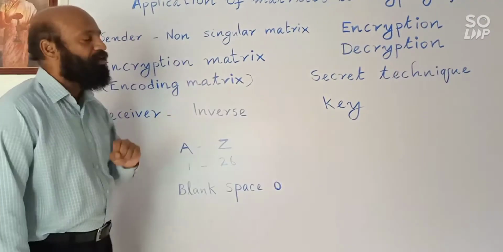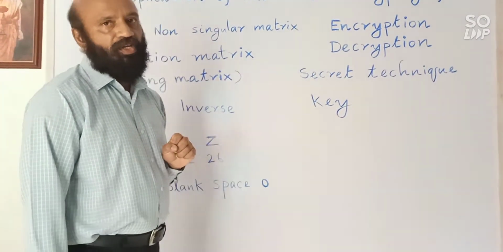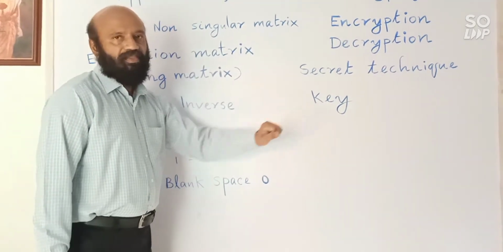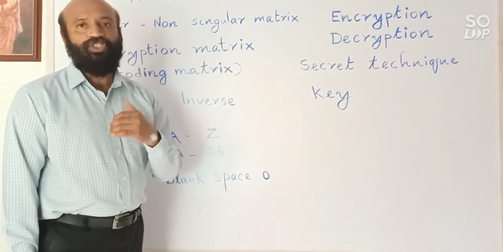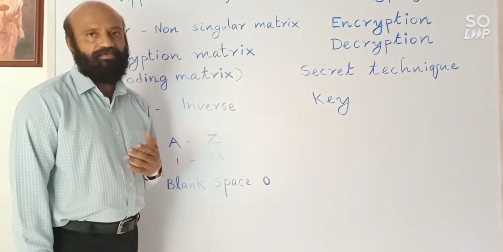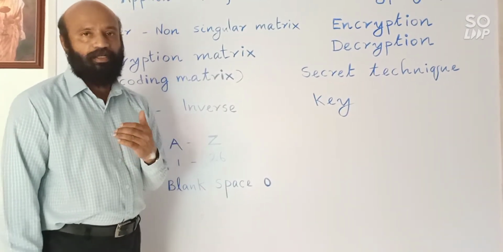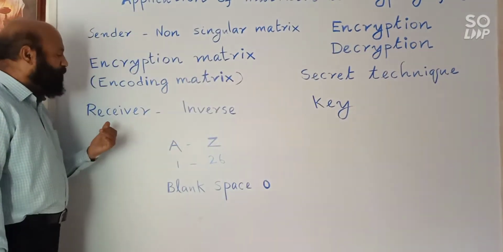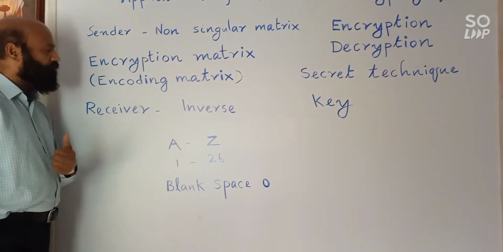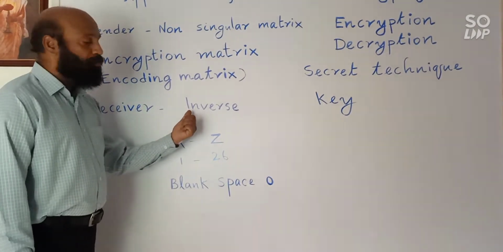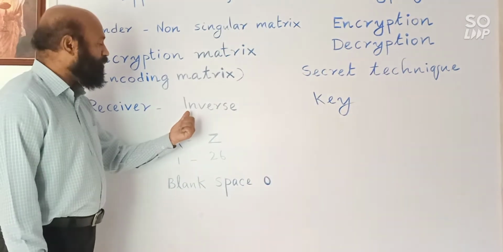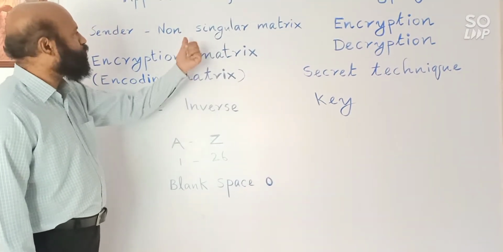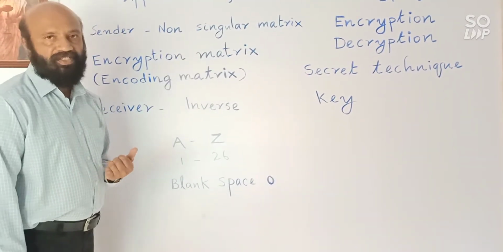The sender will be using a non-singular matrix as a key, and he will depend on post multiplication. Similarly, a receiver will use post multiplication by the inverse of this non-singular matrix.